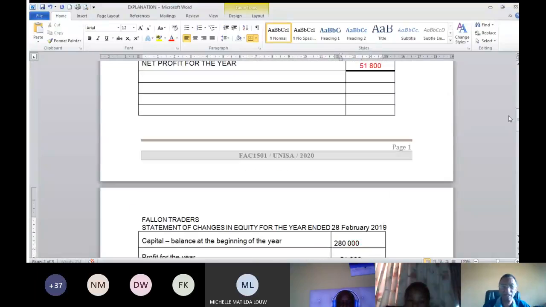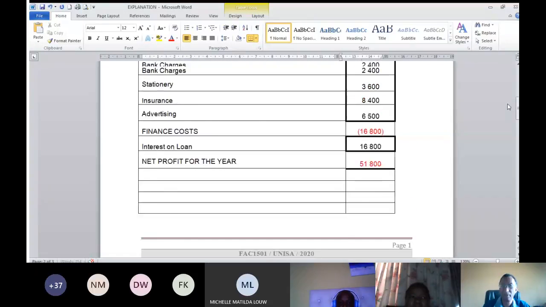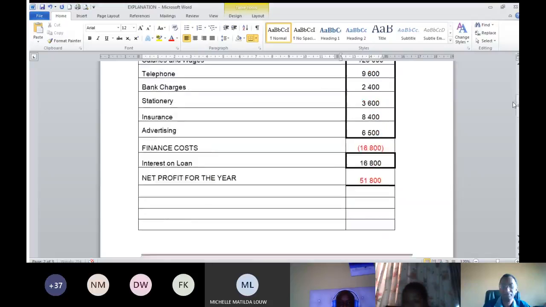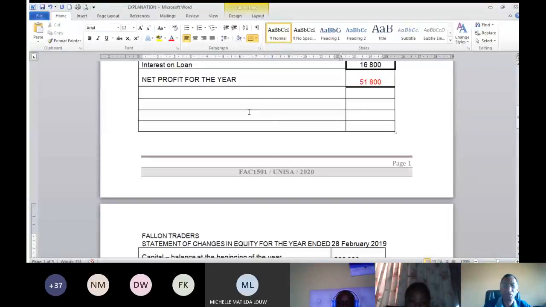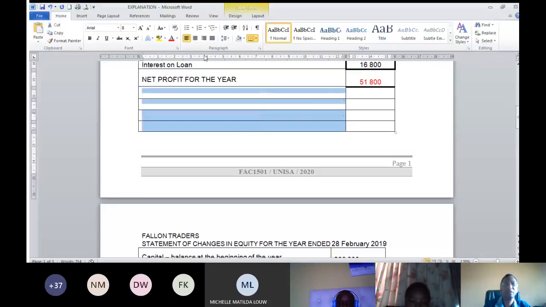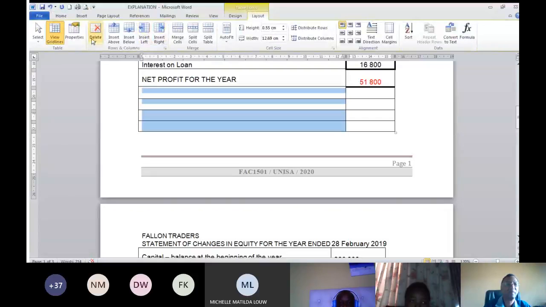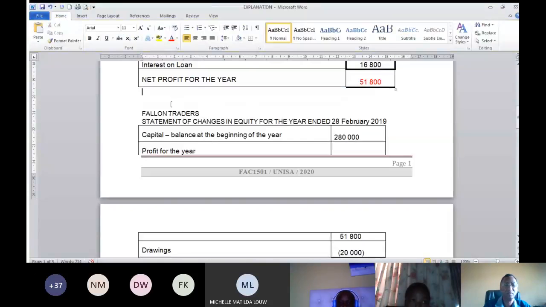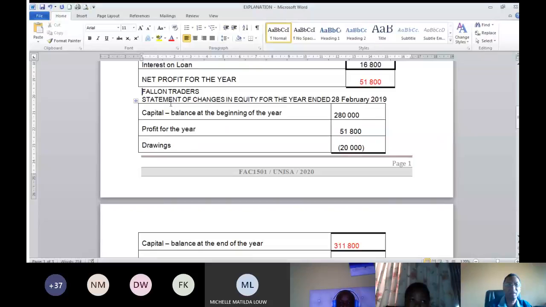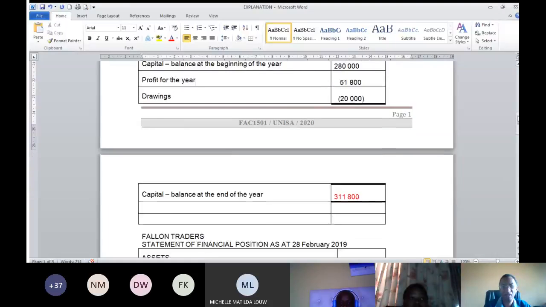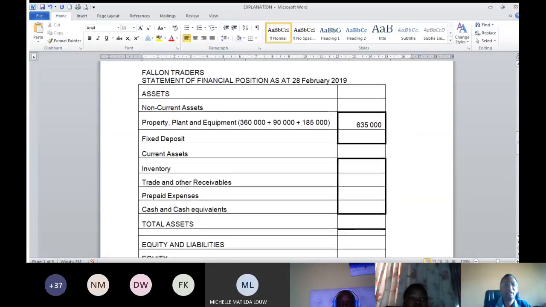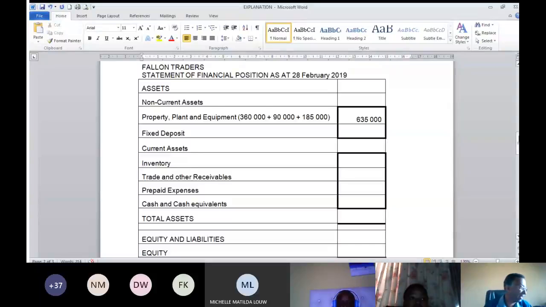In this example over here, guys, it is the buildings and the equipment and the vehicles, and that will give me property, plant, and equipment of 635,000.